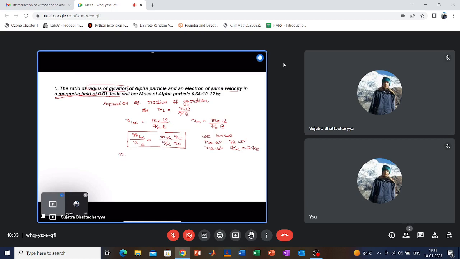Therefore, RL of alpha divided by RL of electron is nothing but 6.64 into 10 to the power minus 27 kg, which is the mass of the alpha particle, divided by 2 into the charge of electron, 1.6 into 10 to the power minus 19. Even if you don't write it, just write qe, the qe will cancel. So this will be 1.6 into 10 to the power minus 19, the charge of electron, and at last the mass of the electron.